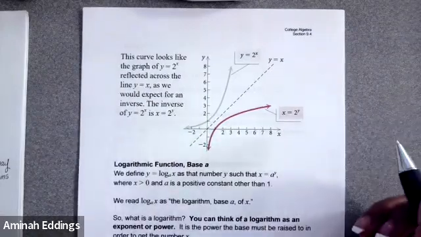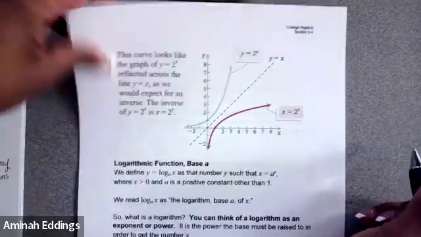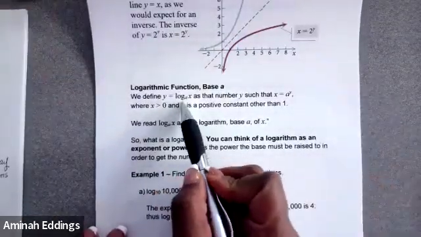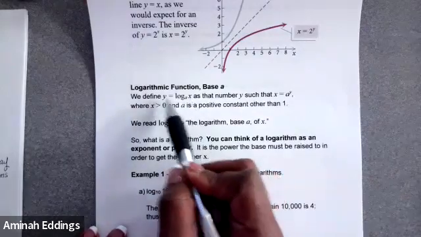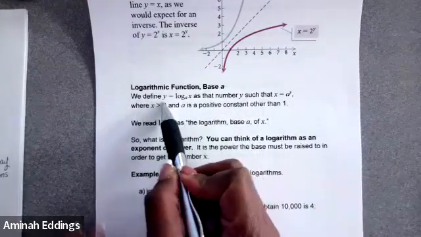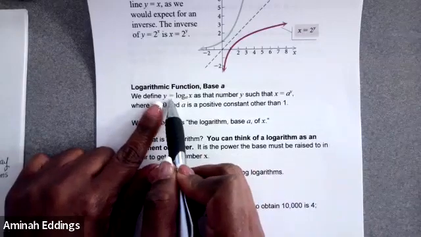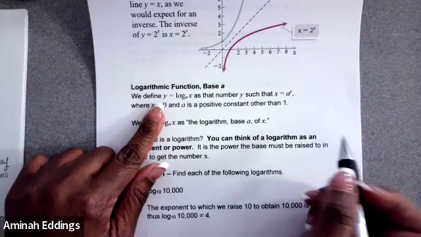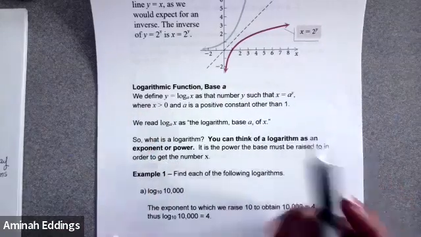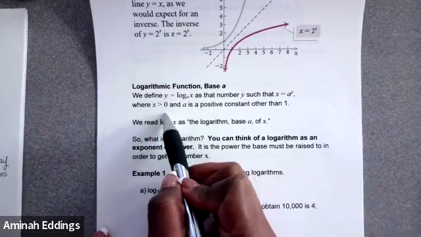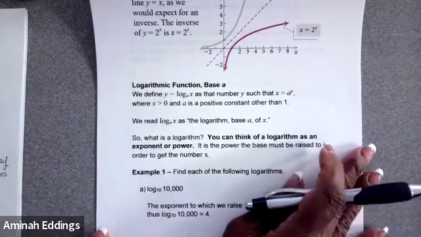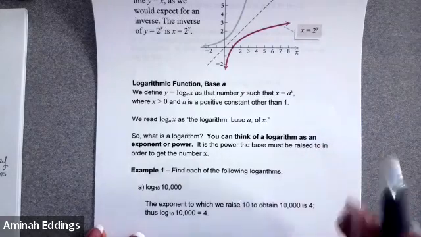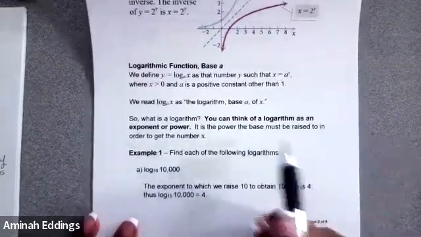A logarithmic function can be defined as y is equal to log base a of x. You should read this as y is equal to log, this is your base, so log base a of x, where x has to be greater than 0, and your a must be a positive constant that is not 1, okay?